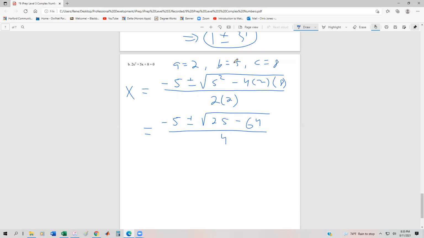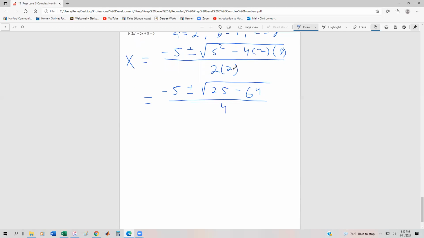Now we can clearly see that we're going to get a negative value underneath of that radical. So we're going to rewrite this as negative 5 plus or minus the square root of 25 minus 64, which should work out to be negative 39, and we're going to divide that by 4.